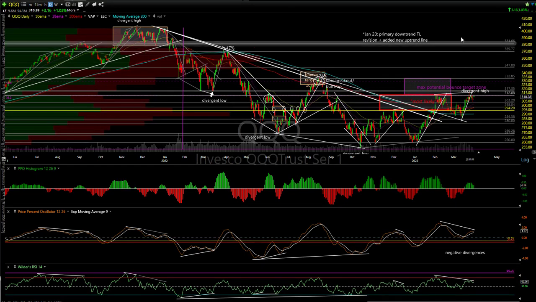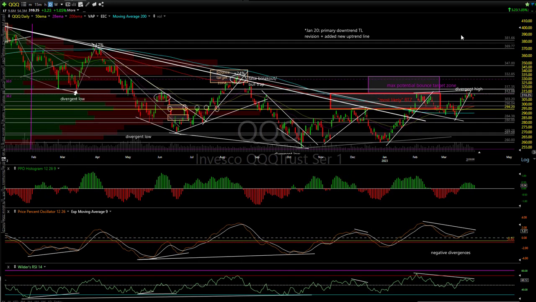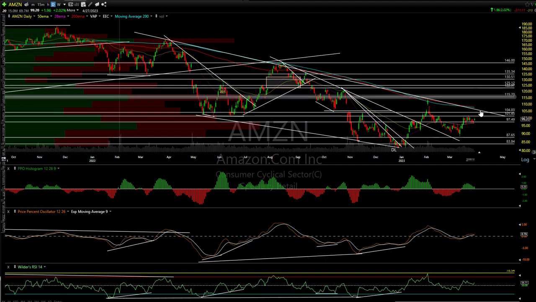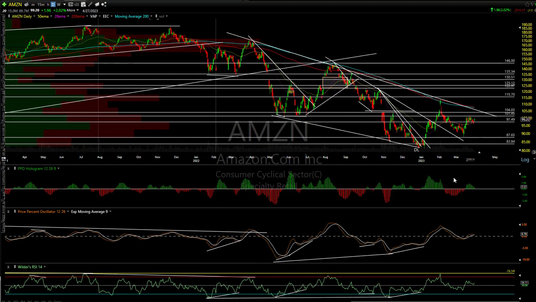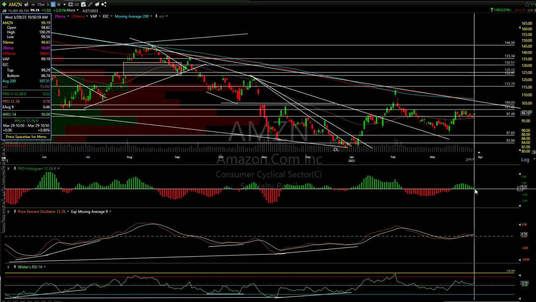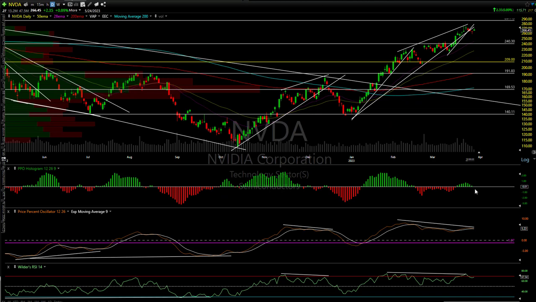It doesn't matter what breadth is doing. We've had a little surge in market breadth lately, great. But once these leaders roll over, that's it. Market's done. There's Amazon. You can see the PPO histogram is poised to make a bearish cross. Hasn't done so yet. And I will follow up when we get these.